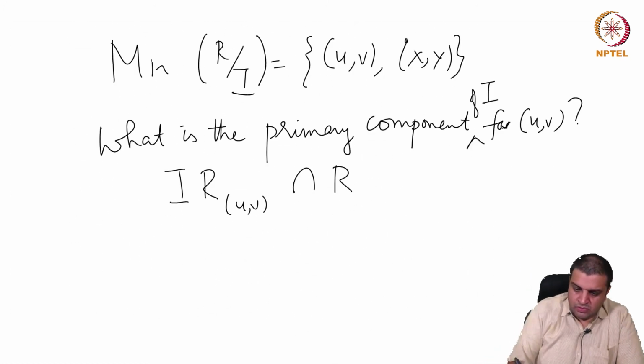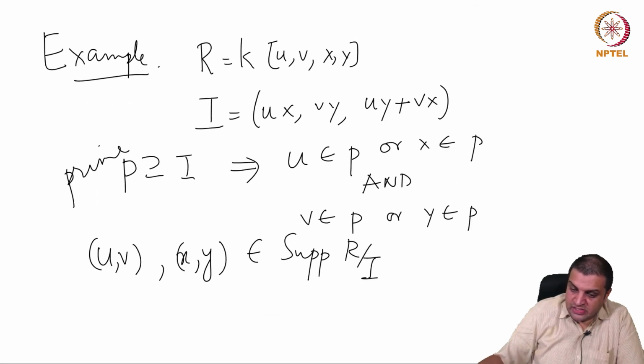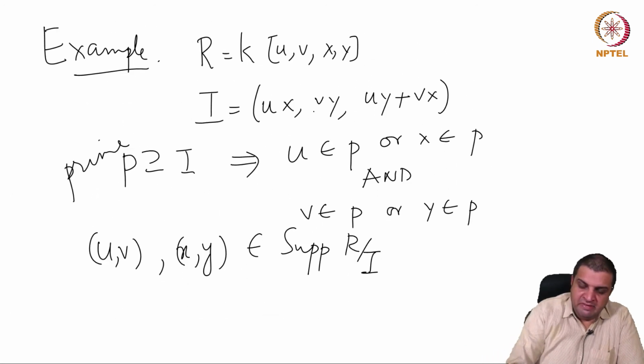So this is inverting everything outside the ideal generated by u and v. When we invert just x and y, we already get u and v. If we invert x, then as we argued in the previous example, this becomes a unit, and then we just need to put in u.